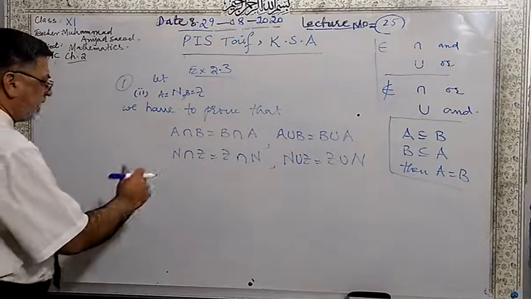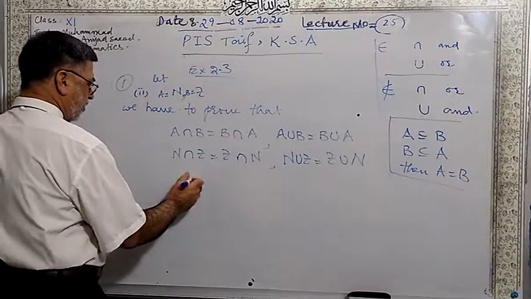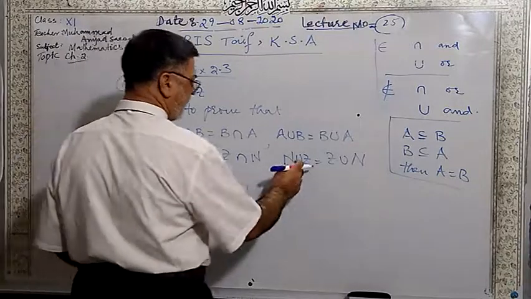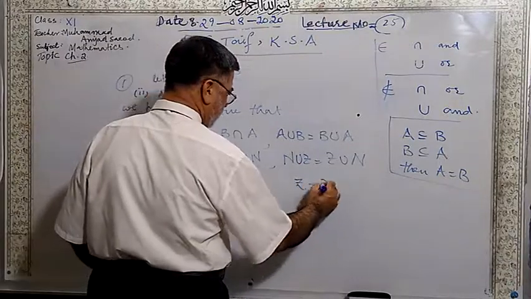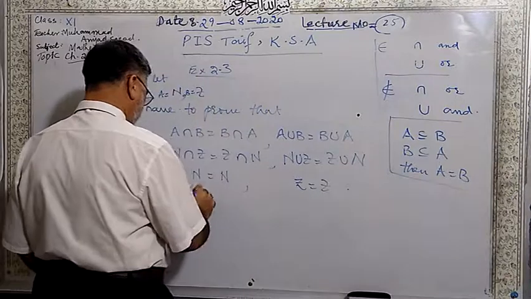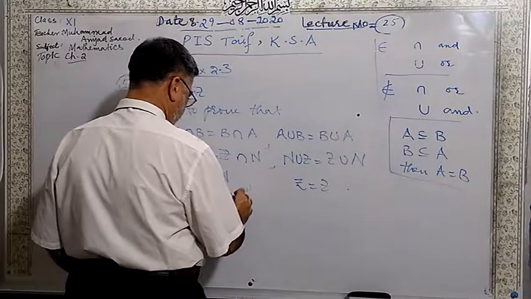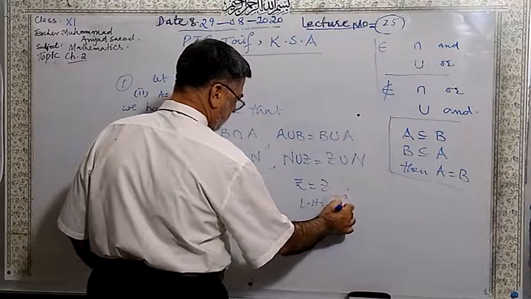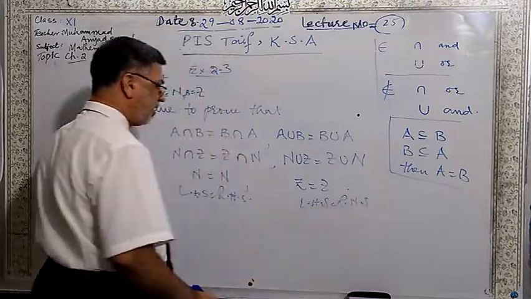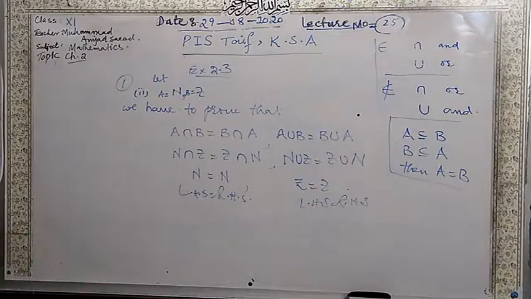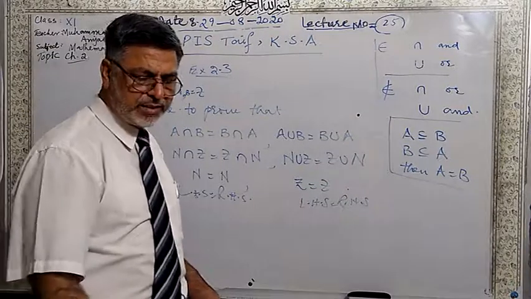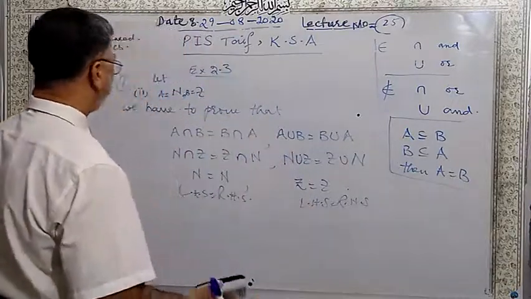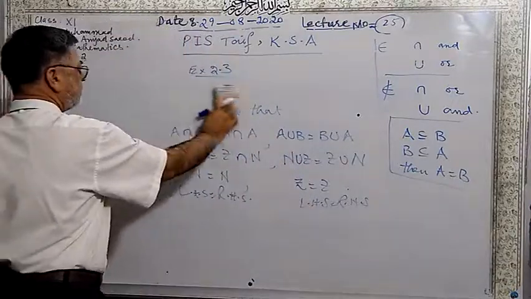So what is the intersection, that is common between both? That is N. In case of union, the bigger set, Z, is equal to Z. So left hand side is equal to right hand side. In this way, we have part number 2 of question number 1. I hope that you can do the other parts by yourself.